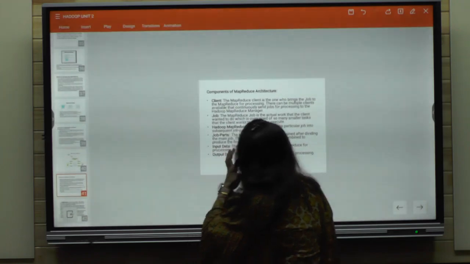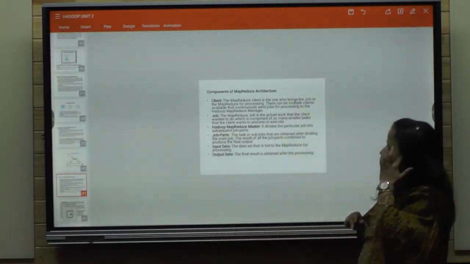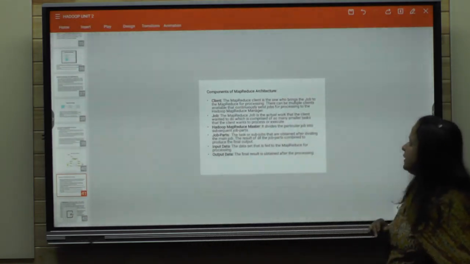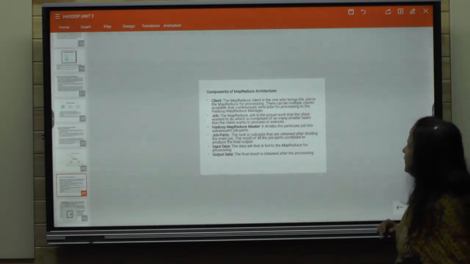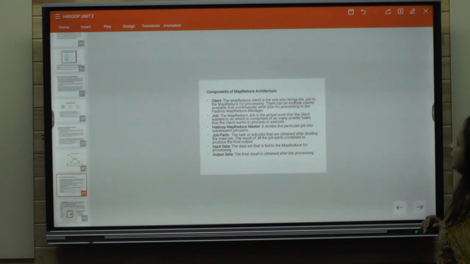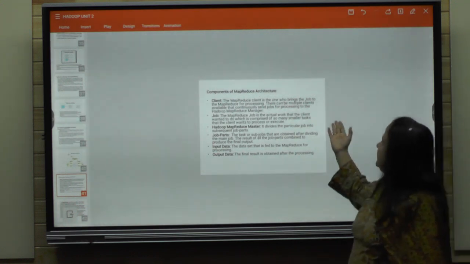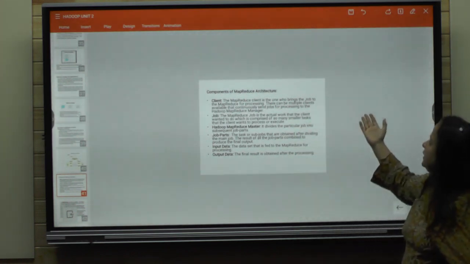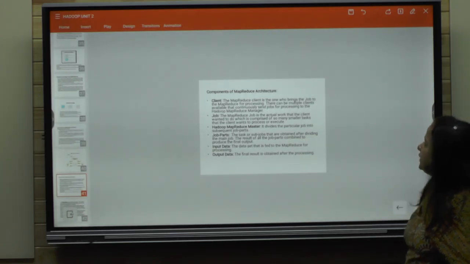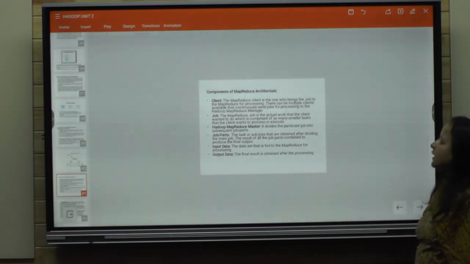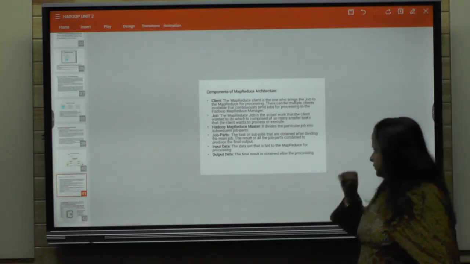Components of MapReduce architecture, then we will define what is client, what is job, Hadoop MapReduce master, what it does, job parts. The client is the one who brings the job to the MapReduce for processing. What is job? The MapReduce job is the actual work that the client wanted to do, which is comprised of so many smaller tasks.